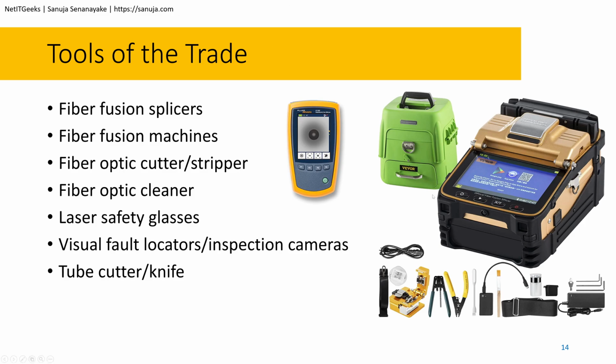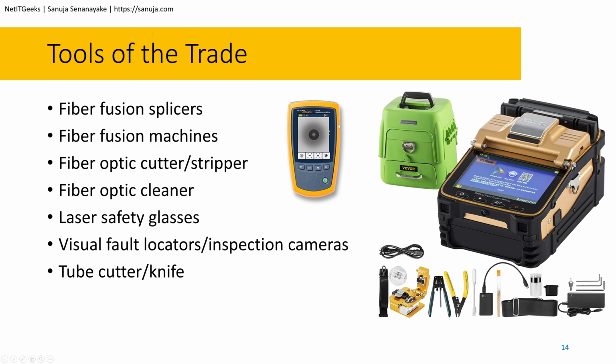For example, this is a fiber fusion machine, and these are really expensive, sometimes like $10,000. You use this to put two cut fiber cables together and fuse them together, and you will need this type of equipment as shown here to work with it.